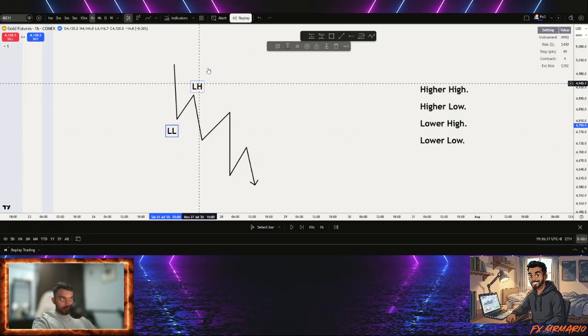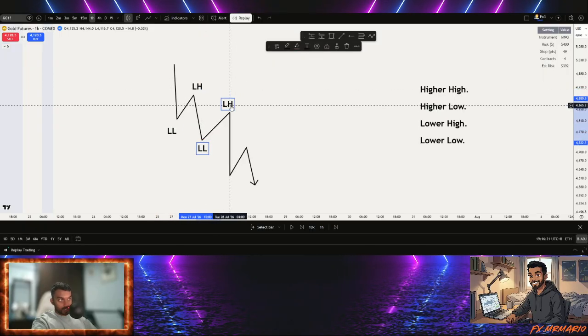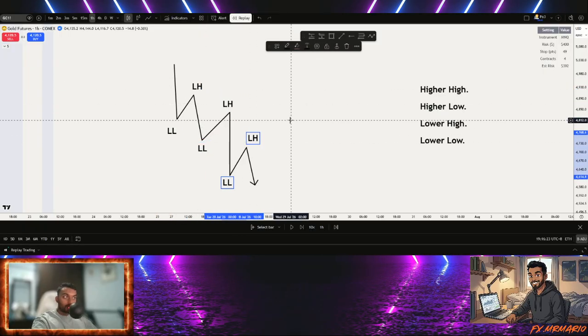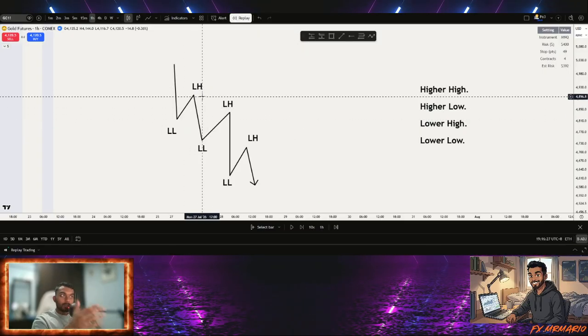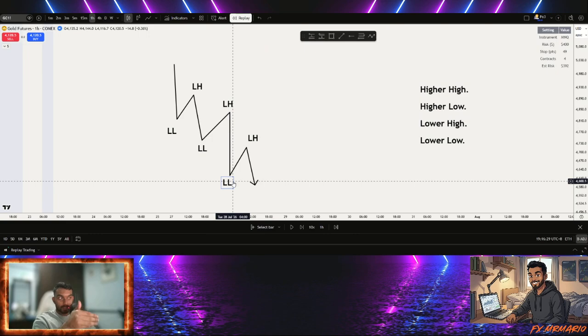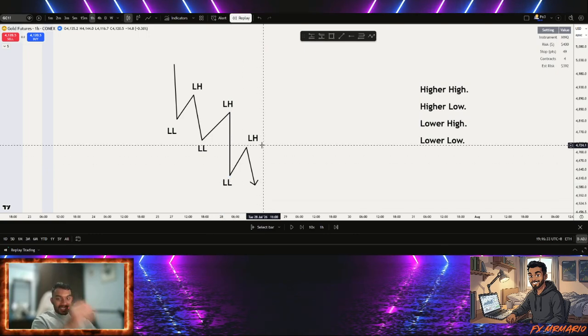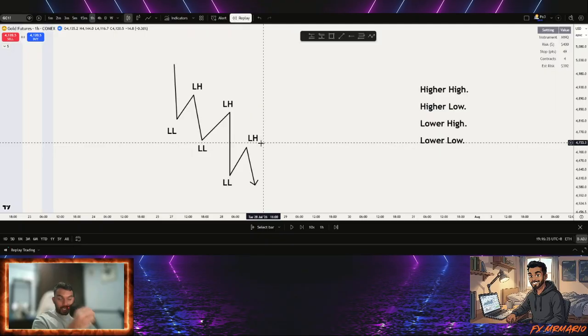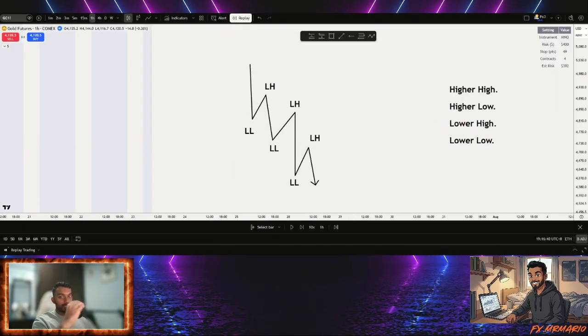So when you see things like this, that's when you know that the market is in a downtrend, because it's making lower low, lower high, lower low, lower high, lower low, lower high. Simple, right? But here's where traders get into trouble just trading off market structure.